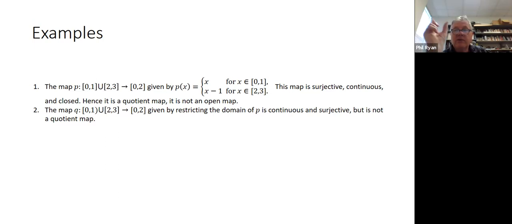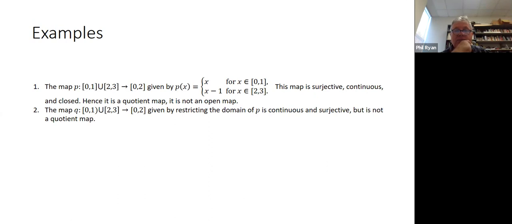So for example, the closed interval [0,1] was an open set, but it wasn't a saturated open set because the preimage of 1 is the points 1 and 2. So any saturated open set has to contain the points 1 and 2. Okay, this is no longer the case here.